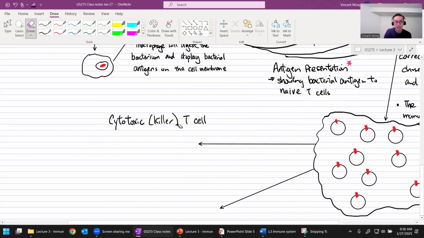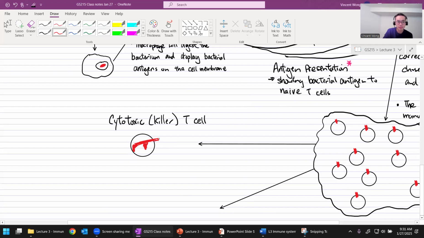These killer T cells or cytotoxic T cells are part of adaptive immunity. So we're going to have the naive T cells, and I'm going to give this guy a gun or something, to help fight off the infection.